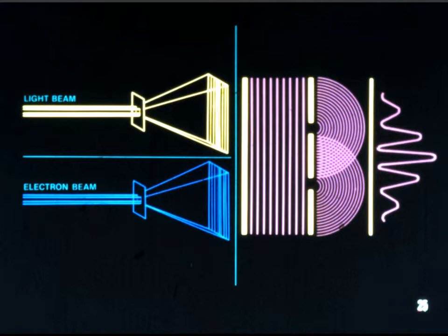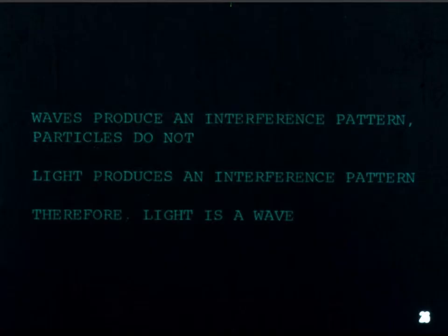That is, the result is exactly the same as with water waves, and it was, of course, exactly this sort of result which, in the case of light, led to the conclusion that it was a wave. The reasoning is almost absurdly simple. In the double-slit experiment, waves produce an interference pattern. Particles do not. Light produces an interference pattern. Therefore, light is a wave.